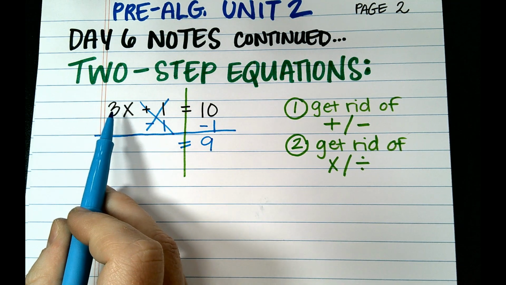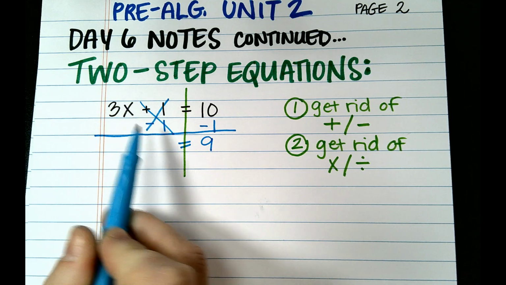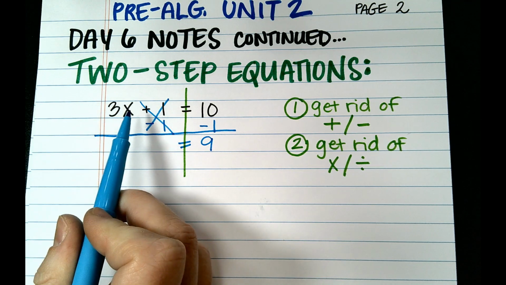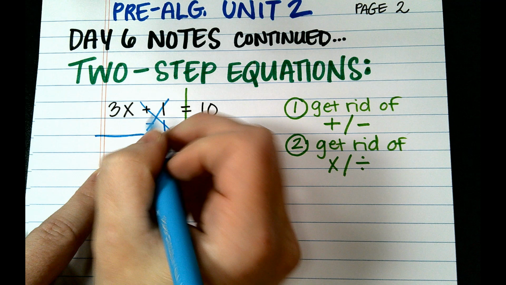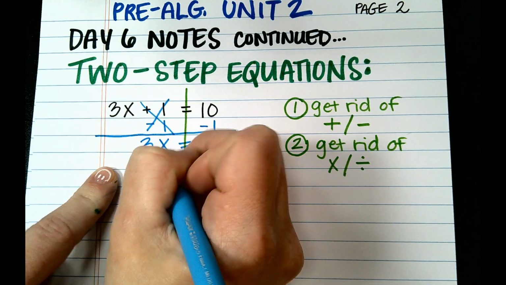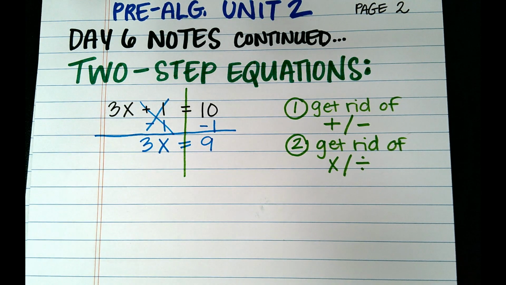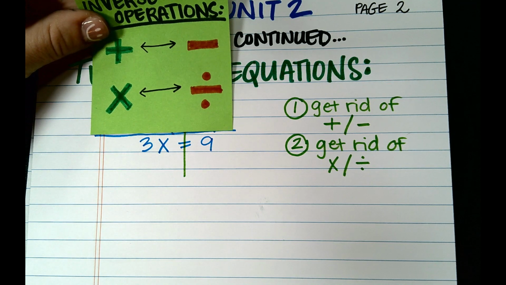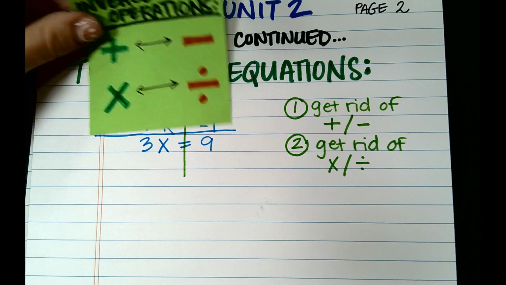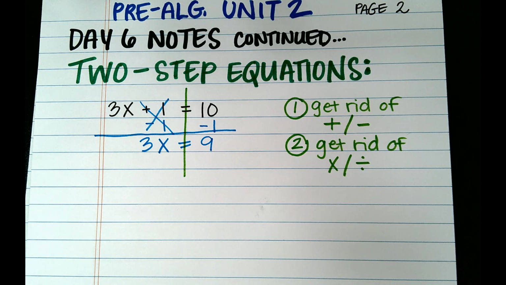Now this time, instead of just bringing down x, we still have 3x. So we bring that down to 3x equals 9. And now we have a whole new equation. That's what we like to think of it as, a whole new equation. We're back to a 1 step. So how do I get x by itself from here?